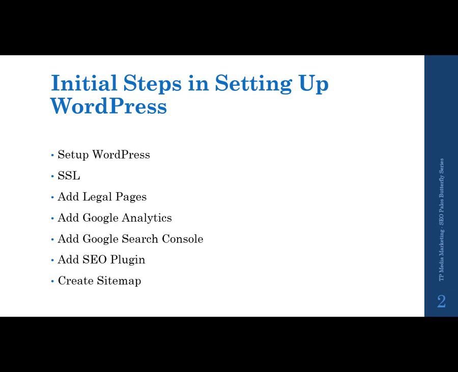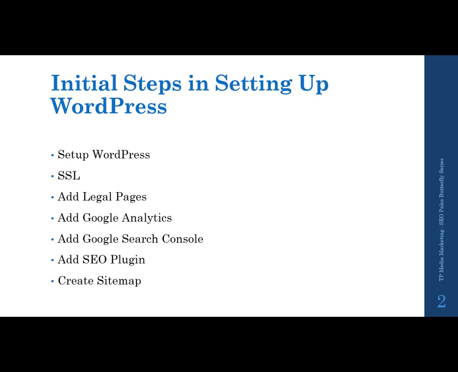So in this particular module, we'll go through quite a number of things. We'll set up the initial WordPress, and we'll show you how to do it manually. I prefer it manually rather than using software, and it still takes about the same time anyway. We'll talk about SSL and why you need it.